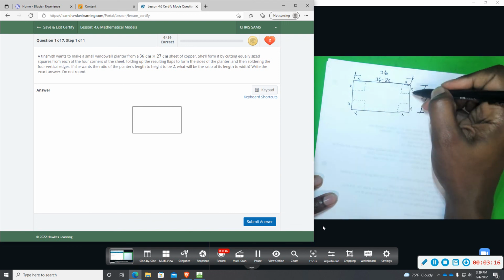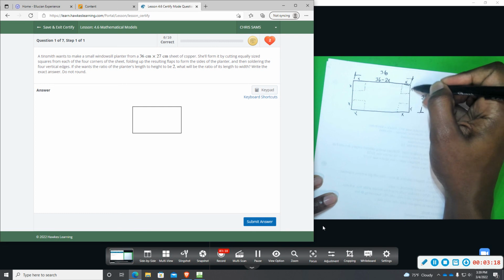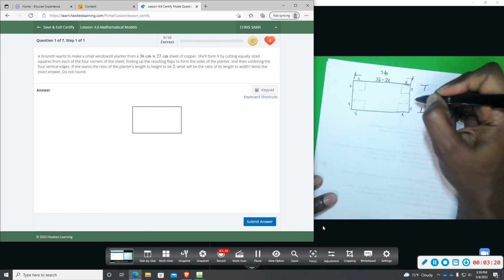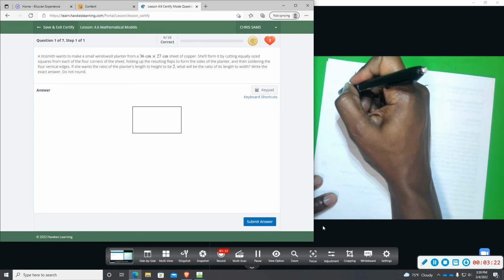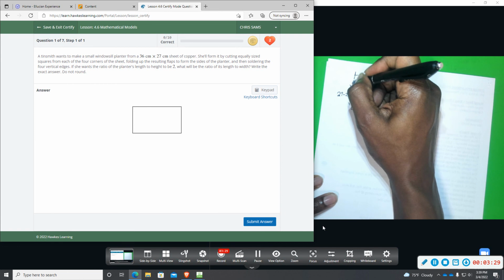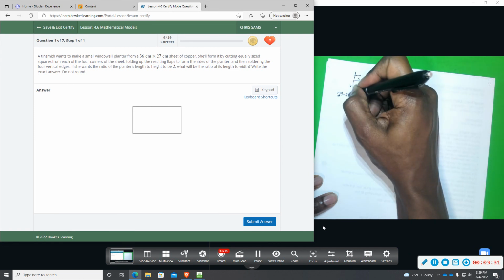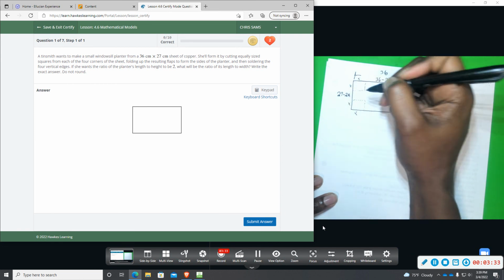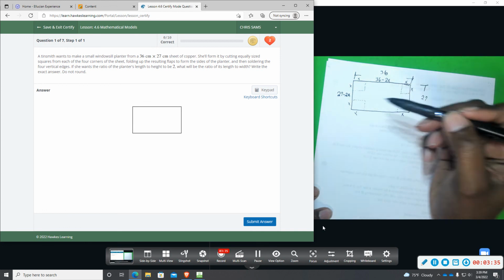And similarly, this side we're also cutting a distance of x from. So this side would represent 27 minus 2x, because x also got cut from each of those corners. 27 minus 2x.